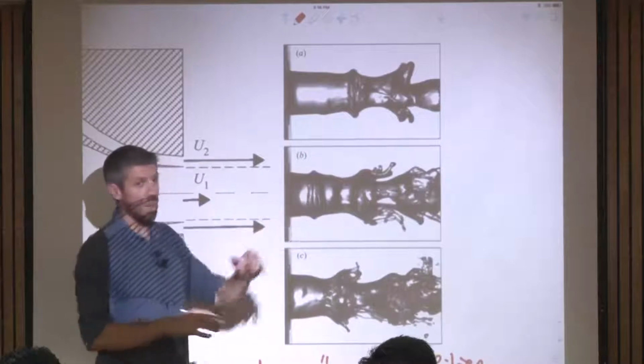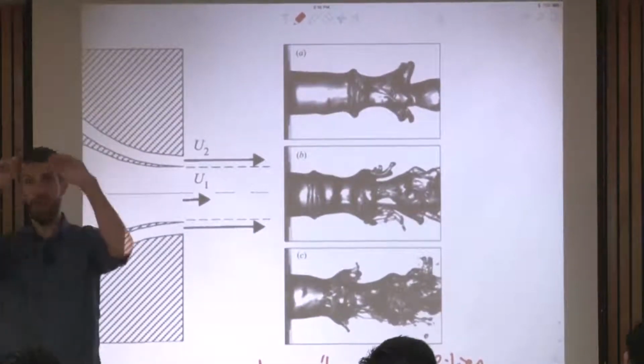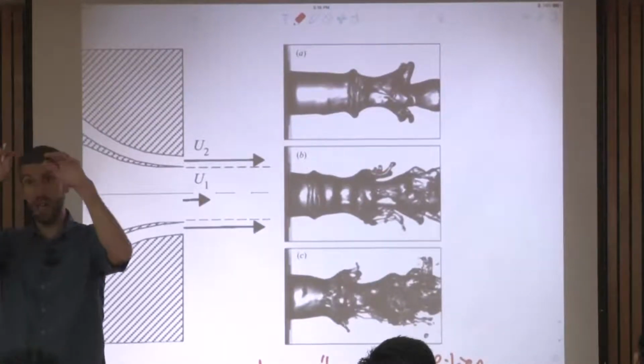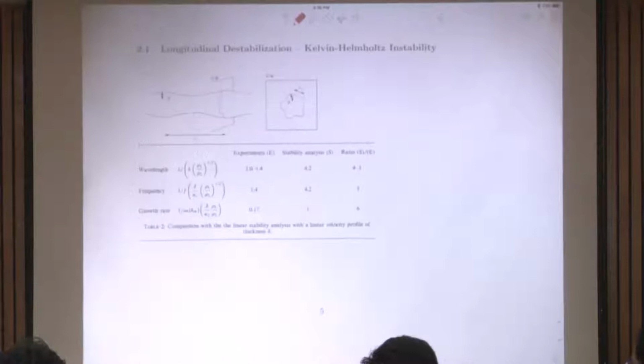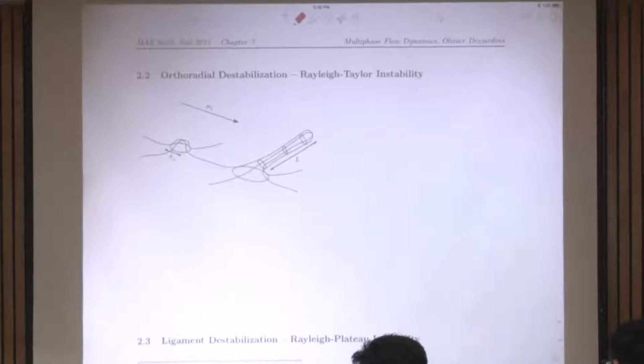So the primary wave, Kelvin-Helmholtz, as it accelerates, it is as if you had a pool of water pooling on the ceiling. This thing will want to drip. It will become unstable. So first, a KH wave due to shear. Second, you're now pulling on this KH wave.